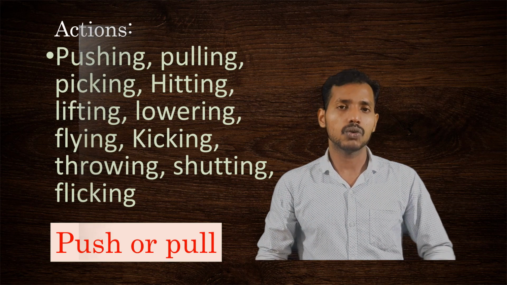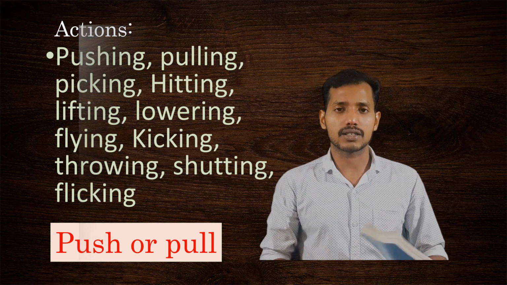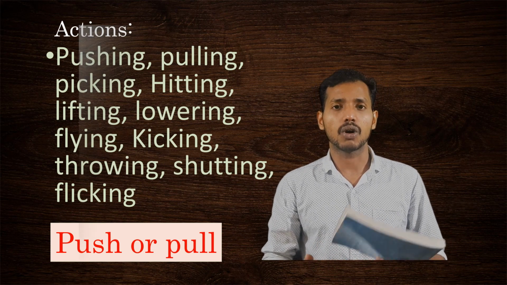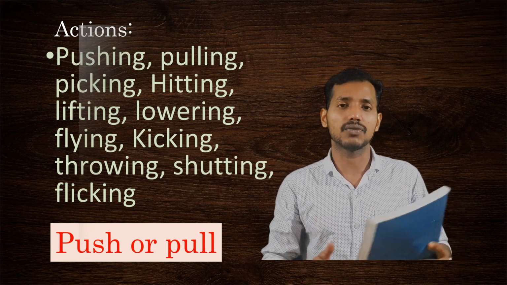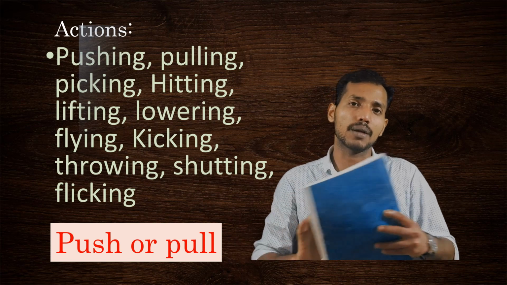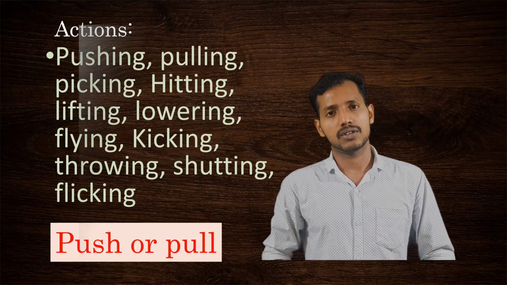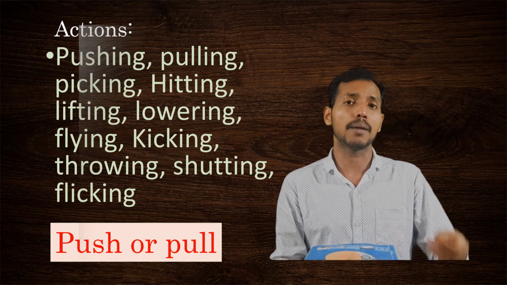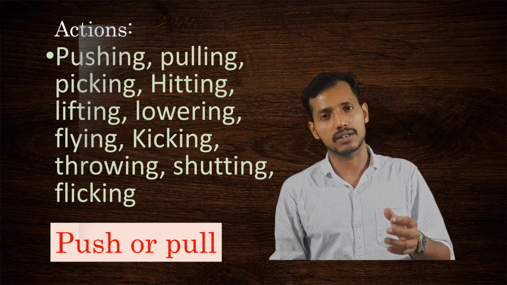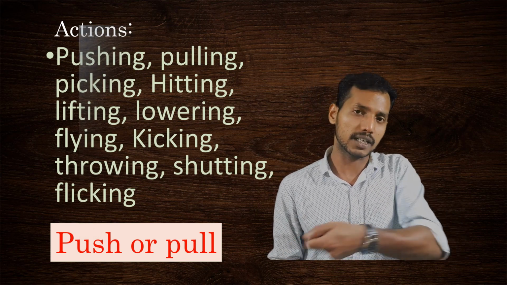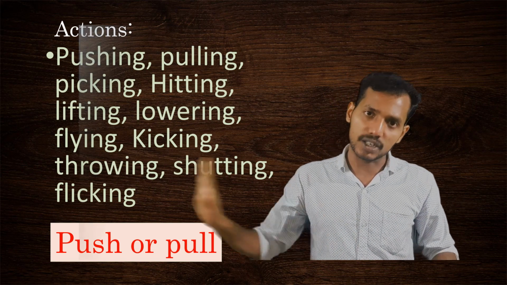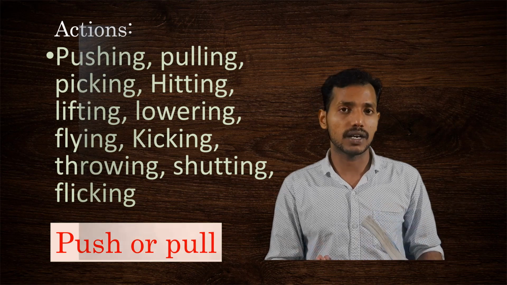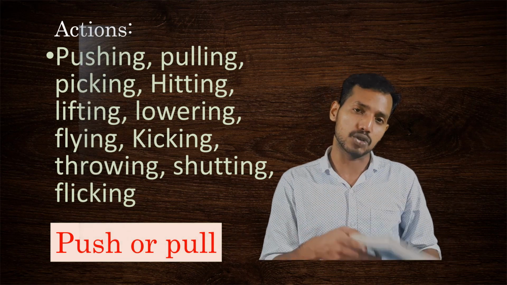So, when we look at all these actions which are done to make an object move, all these actions we can classify into either a push or a pull. So, we can conclude that whether you are opening a drawer or shutting a door, whatever it is, all these actions you can classify into either a pull or a push.